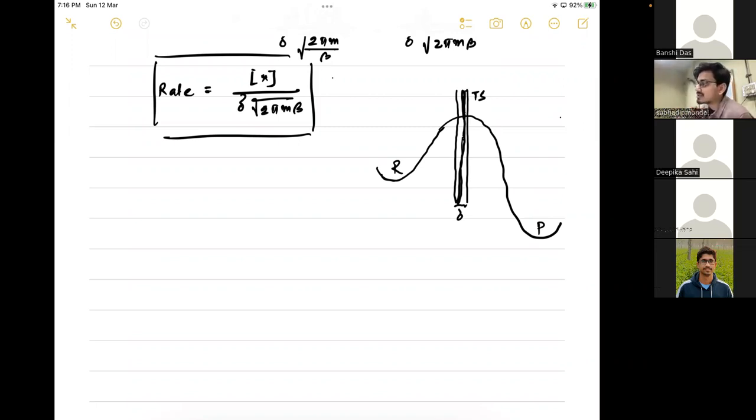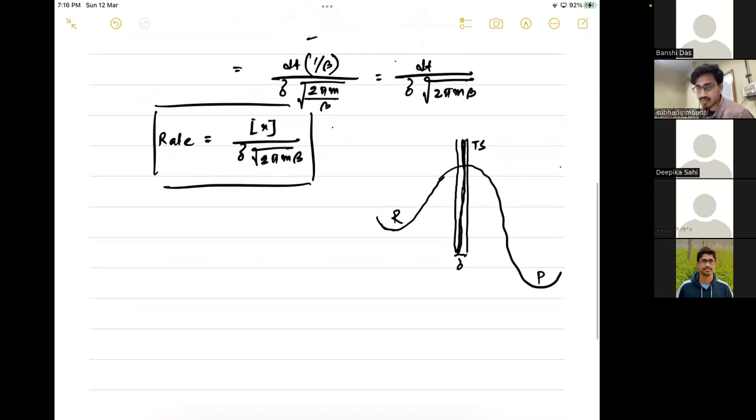Delta is basically to cover our ignorance about the activated complex. When Eyring was doing this derivation, he didn't have any accurate idea about how the activated complex would look. So he approximated the activated complex as a bottleneck region around that index 1 saddle point.